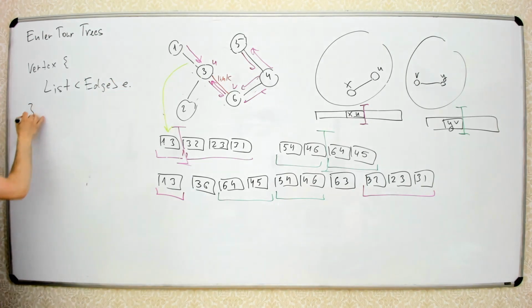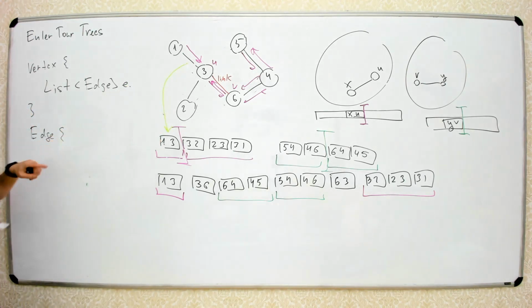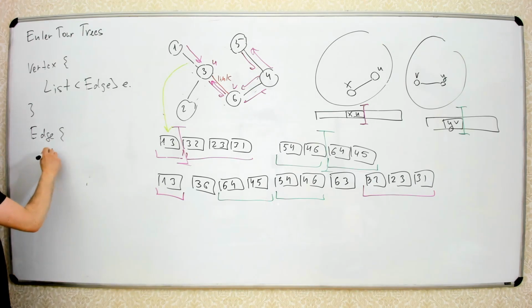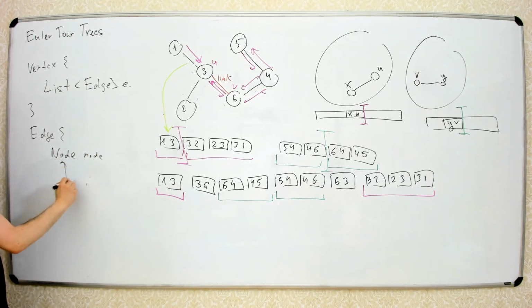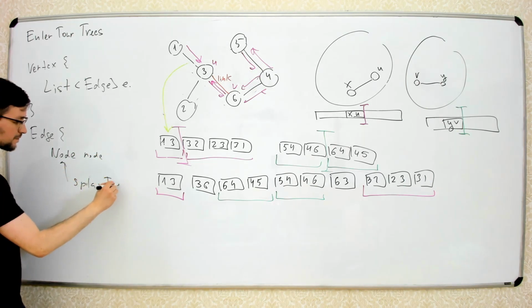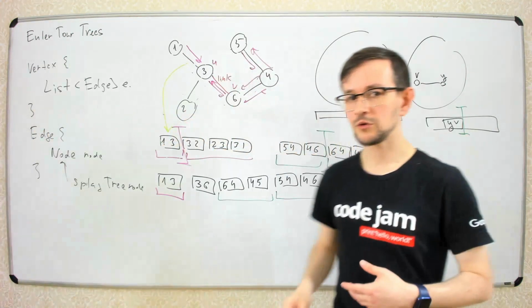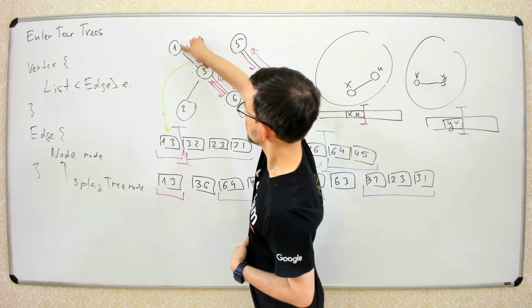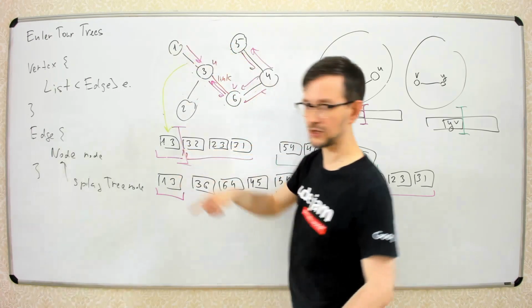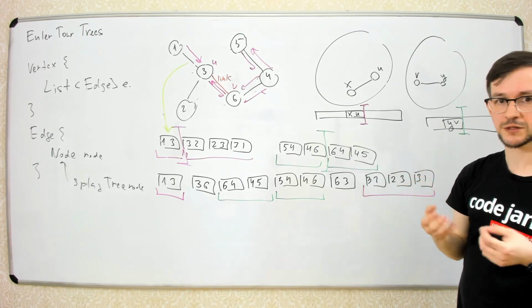And for each edge, you simply have the pointer to the corresponding node in the Splay tree. So this is node of Splay tree. So you don't need any maps here. You just take the pointer from u to this edge and pointer from this edge to the node of the Splay tree. You just use these pointers to make this in constant time.